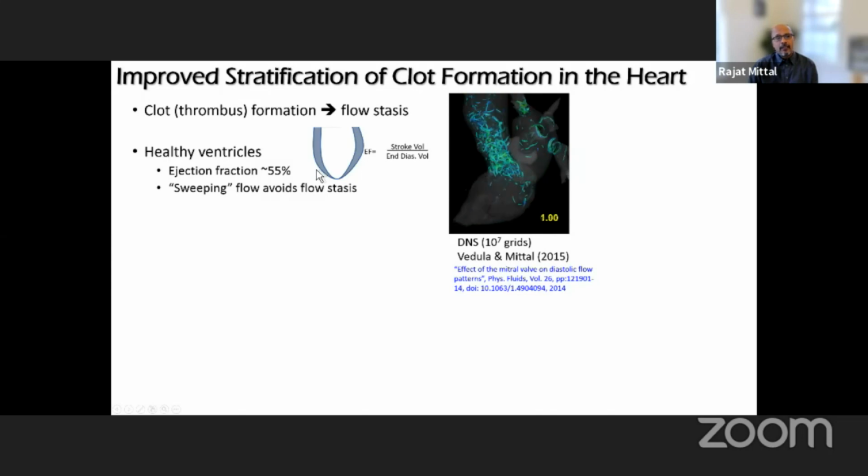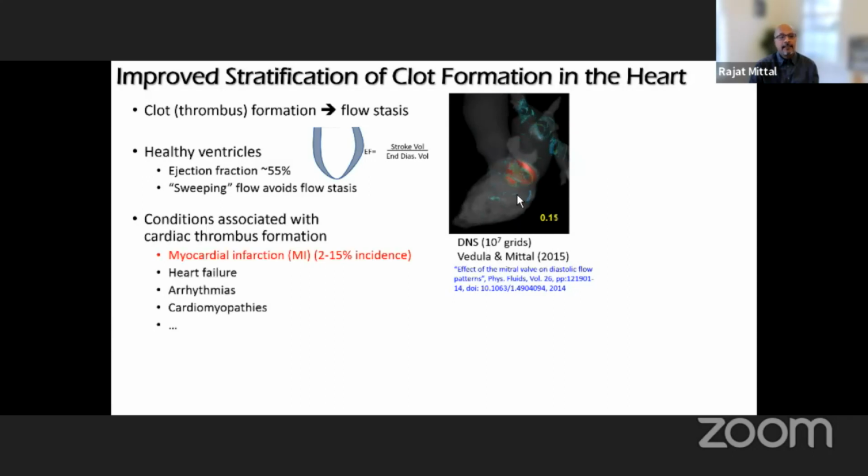The issue here is that, as we all know, if blood is left stagnant, it coagulates very quickly, it clots very quickly. Clots can be very dangerous for the body.